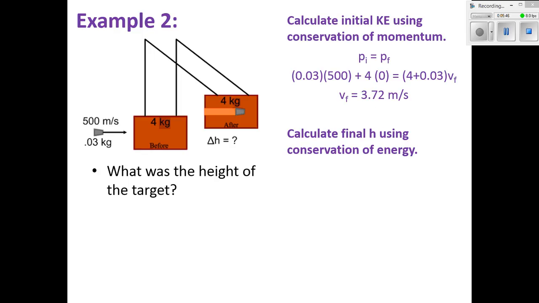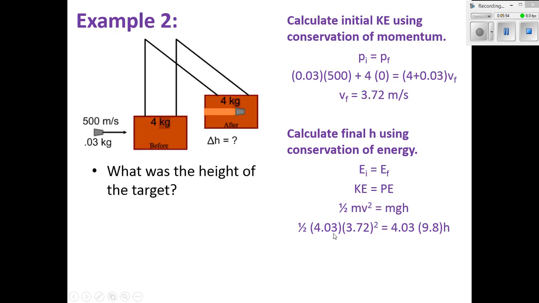This is going to be the velocity then that we put into our kinetic energy equation. 1/2 the combined mass, 3.72 squared, and solve for height. 0.706 meters.